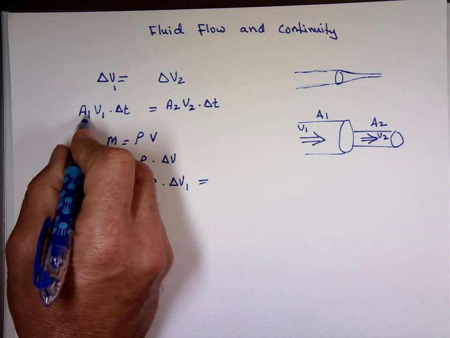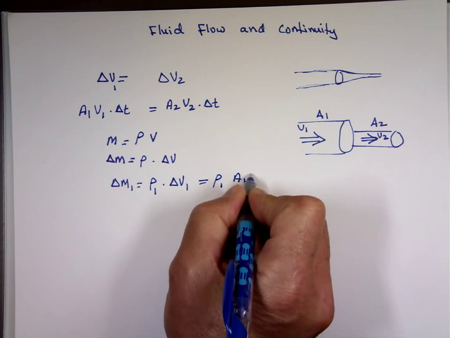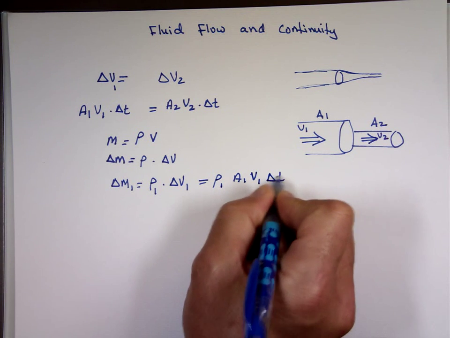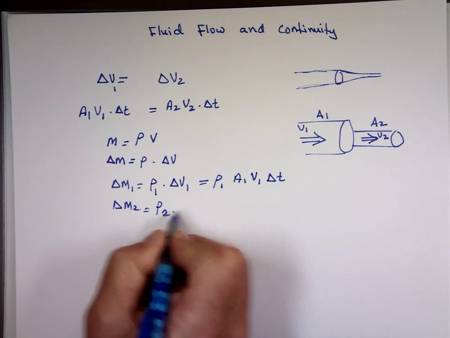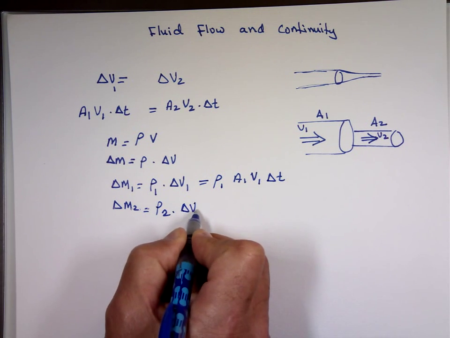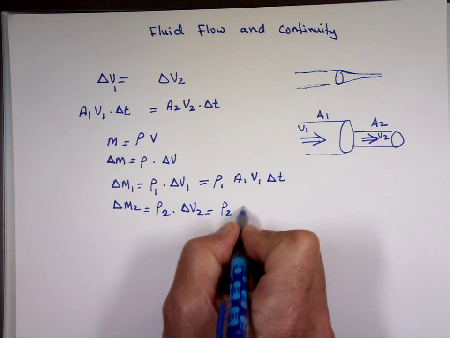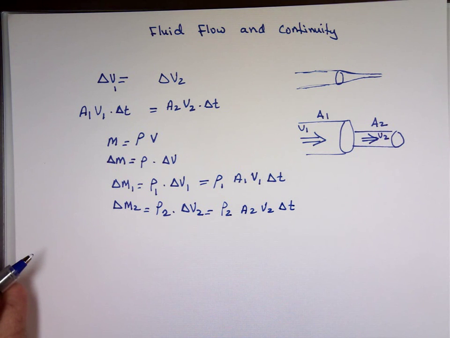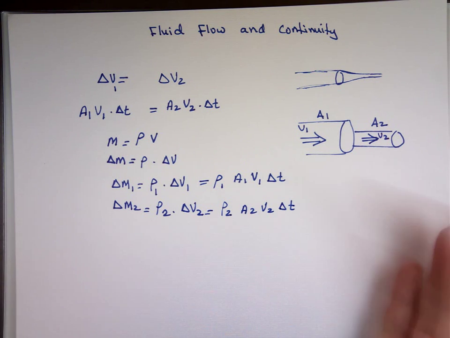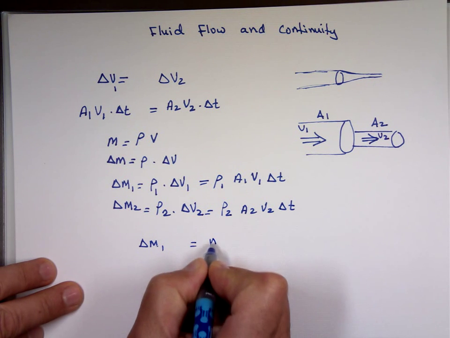Since volume 1 is equal to A1 velocity 1 delta T, the change in mass 2 is going to equal rho 2 times the change in volume 2, which is rho 2 times area 2, V2, delta T. Since these are equal to each other, the change in the amount in 1 should equal the change in 2.